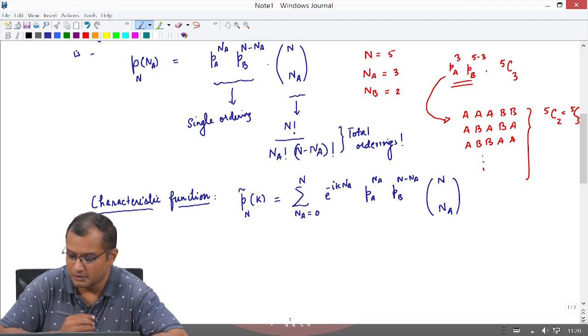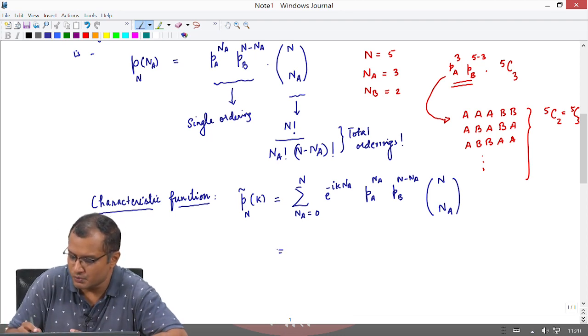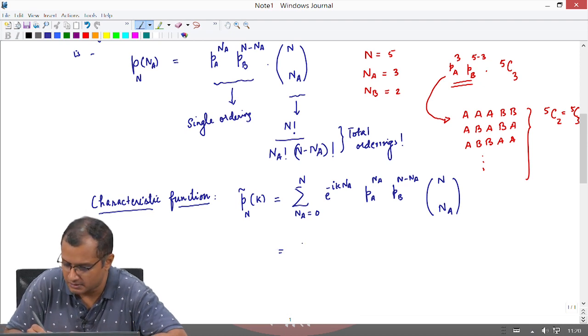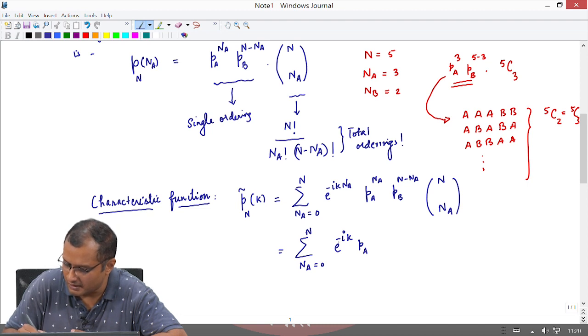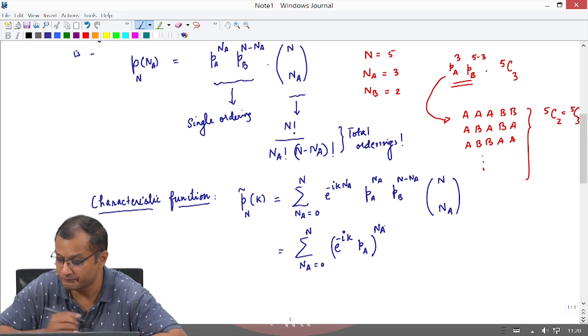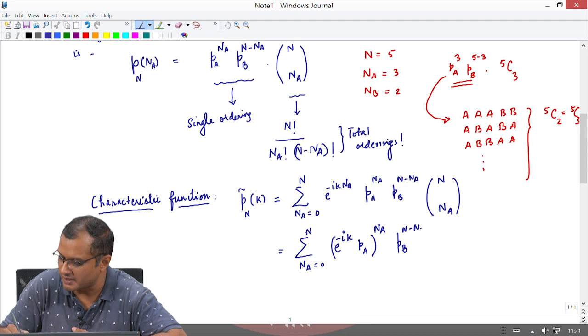Now, let us club these two factors together, e to the power minus I k and p of a, and you shall see that this begins to look like a formula that you know already. So, e raised to minus I k into p of a are clubbed together and they are raised to a common power n a, times p b to the power n minus n a, times the combination n c n a.